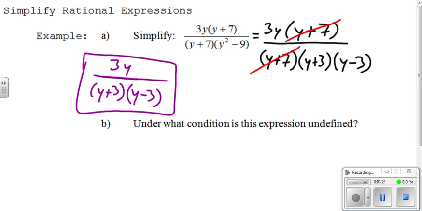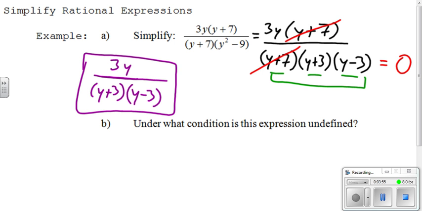Then we're asked, under what conditions is this expression undefined? Remember, undefined means when our denominator is going to be 0. So what is going to make this piece down here 0? Even though we crossed out the 7s, we still have to make sure that we include those y plus 7s. If we're taking these three factors and multiplying them together, then to get 0 as our denominator, any one of them would just have to equal 0.